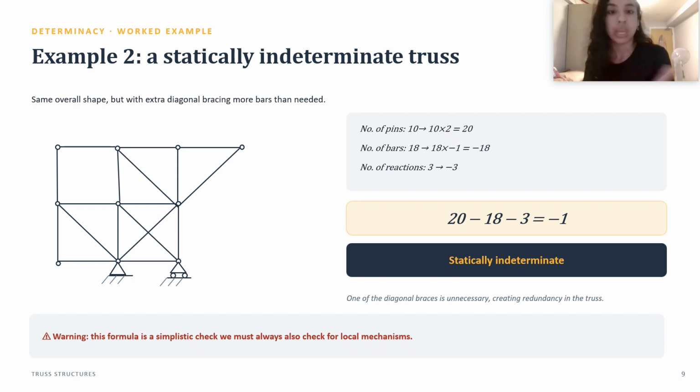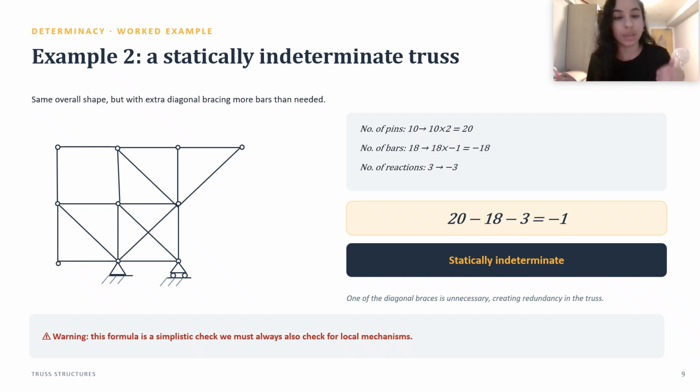Let's see here. The number of pins we have are 10. You could pause the video and count them, but I already counted them. Pins are always multiplied by 2, so if we multiply it by 2, you get 20.